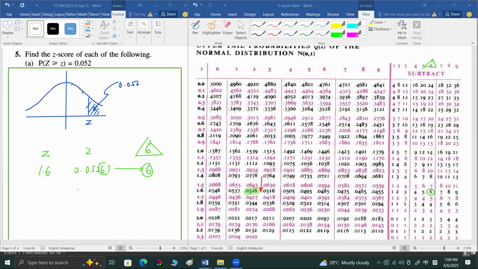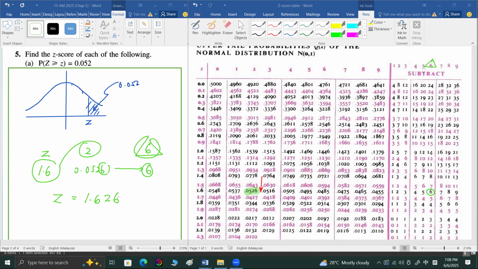Now, to get my answer, Z is 1.6 to 6. Just now we took away one, right?